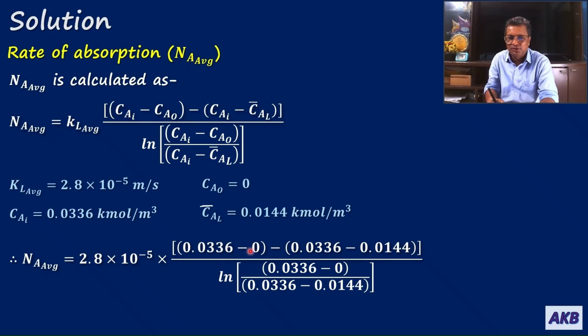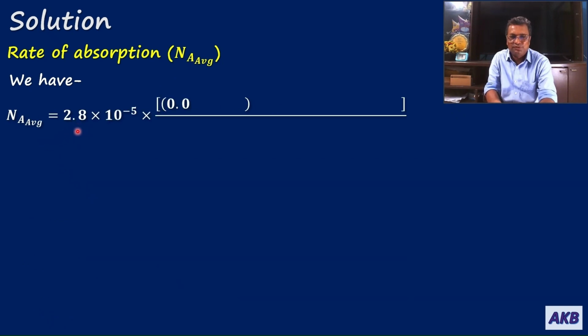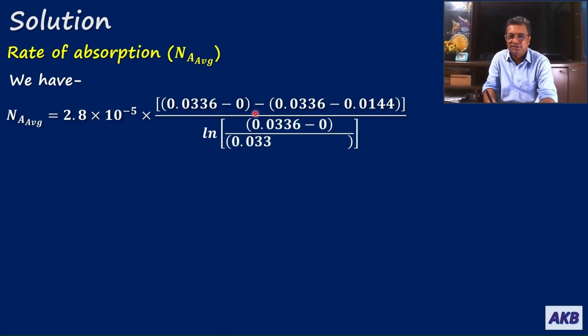We are using the values, divided by ln of 0.0336 minus 0 divided by 0.0336 minus 0.0144.